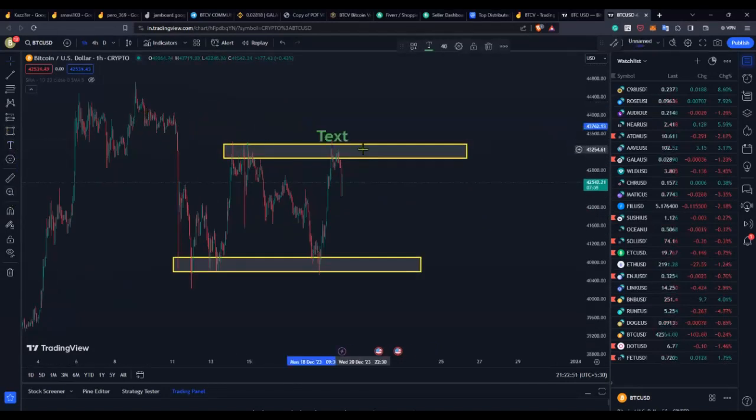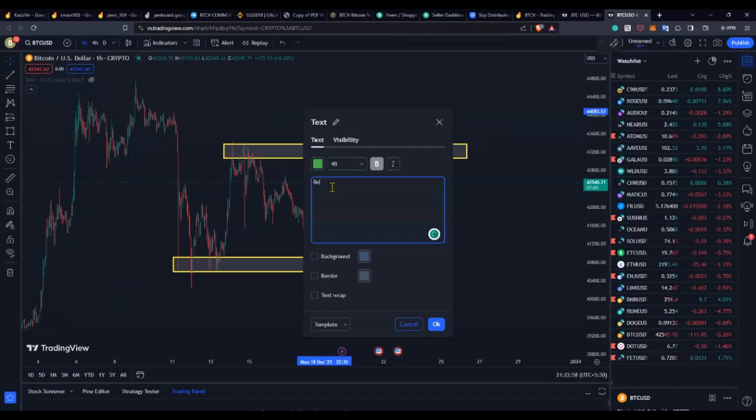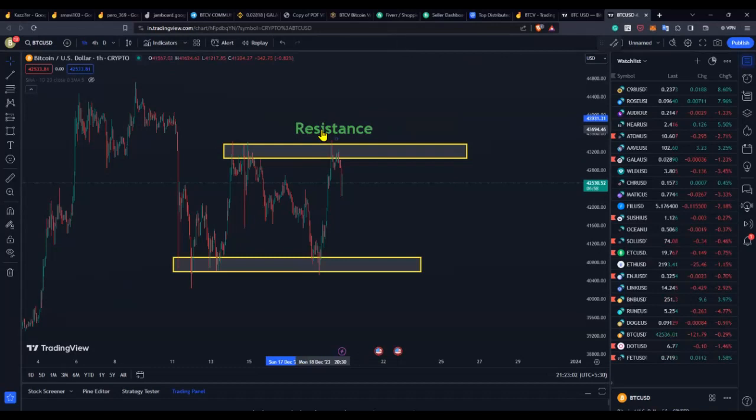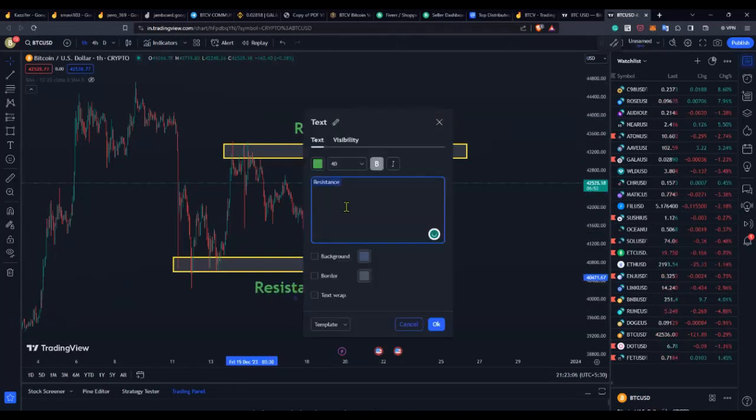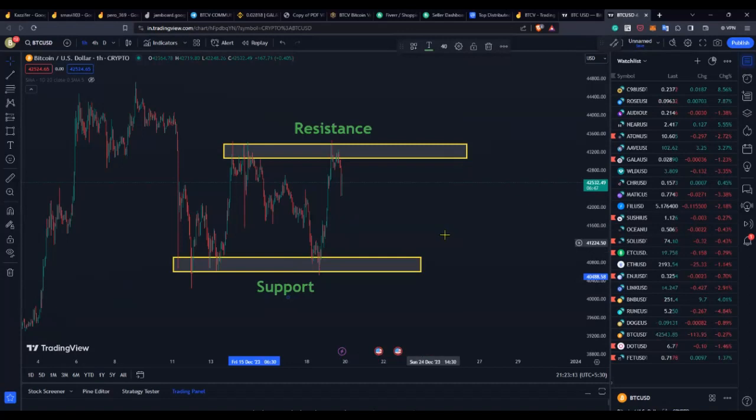Let me write it here. That's a resistance, and this one is a support. This is how it looks. This is what you have to do.